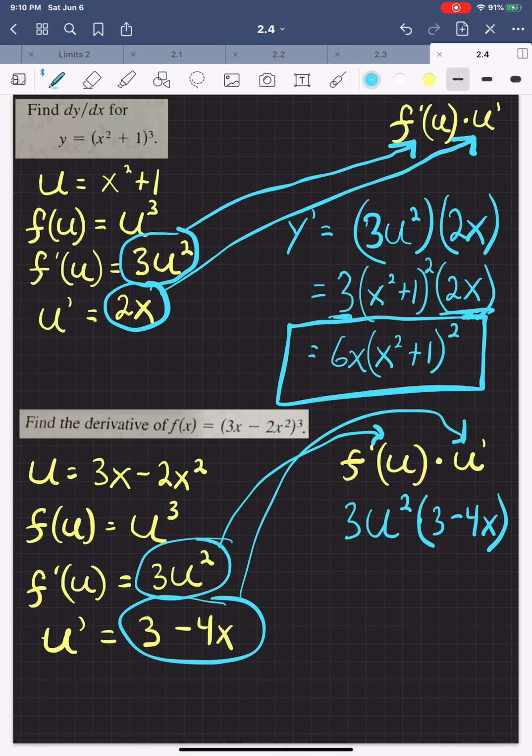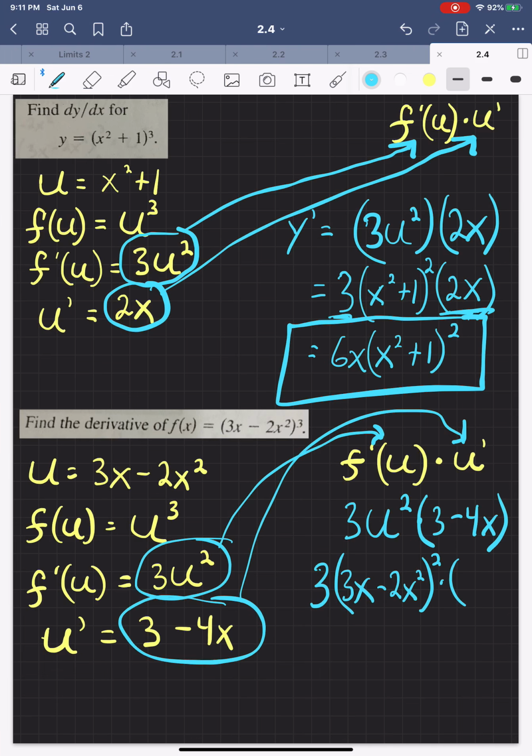Now, at this stage, we need to back substitute for u. Remember I mentioned that you'll be able to skip one of these steps. At this stage, you could automatically know that you put 3x minus 2x squared back in for u, right? So after you have practiced this enough, you might be able to just jump right to this step. And as time unfolds, I will probably do the same. I'll skip that step, but not right now.